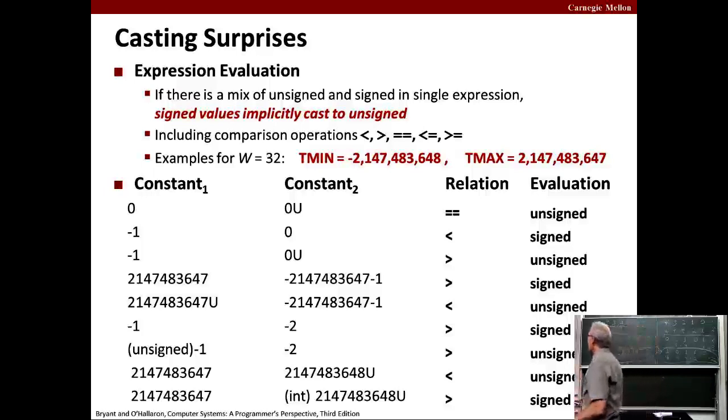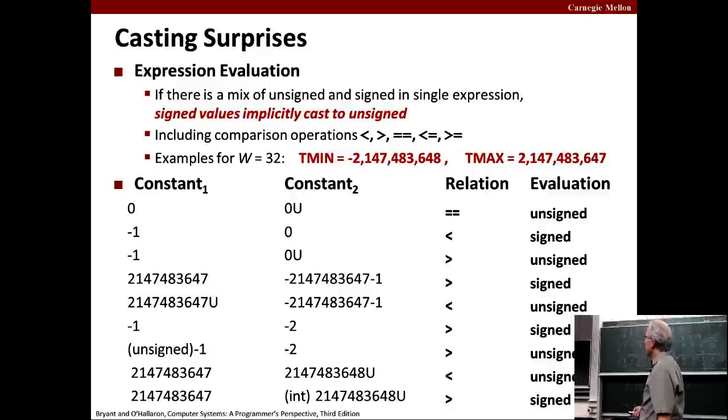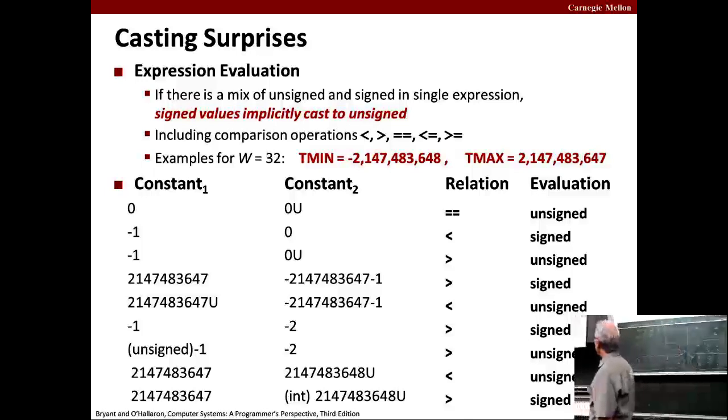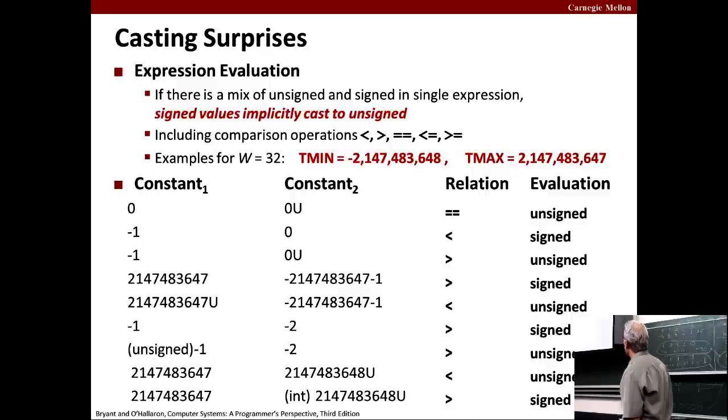And basically the rest of these you can answer in a similar way. This is a positive number, this is a negative number, and I compare those, and the positive will be greater than the negative.